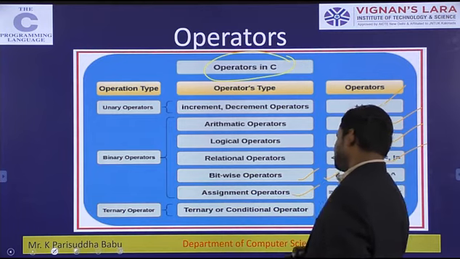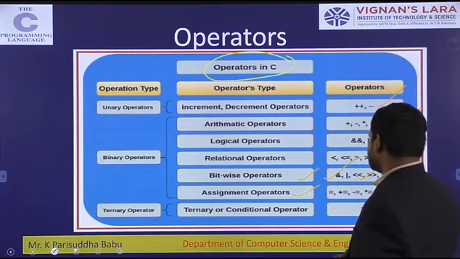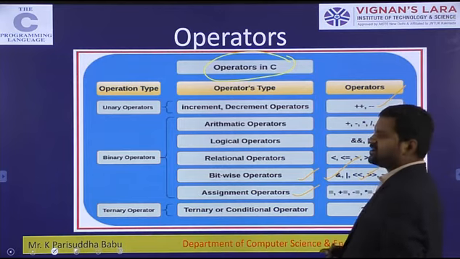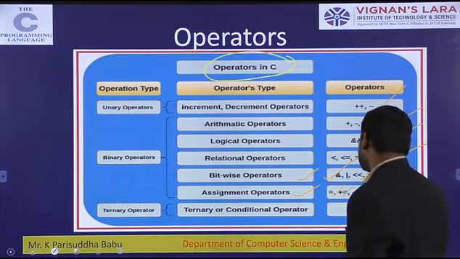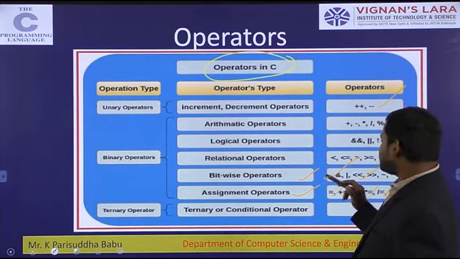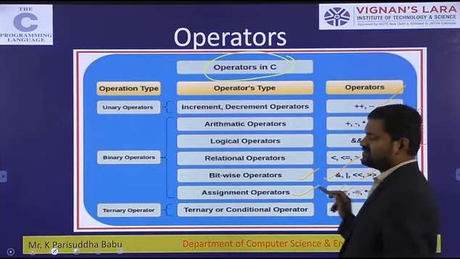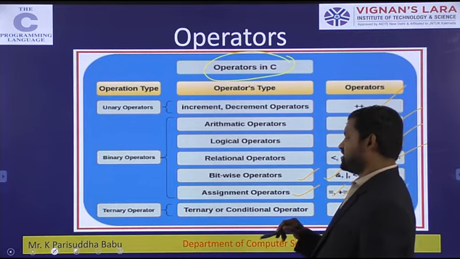Assignment operators include equal to, plus equal to, minus equal to, star equal to, divide equal to. These short forms of assignment operators are also binary operators.